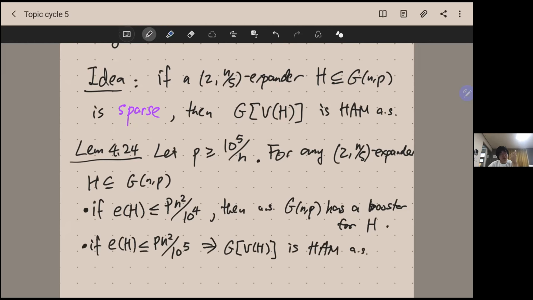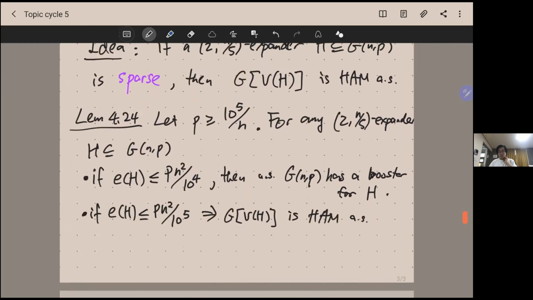By the first part, it has a booster. You keep adding. You add at most n edges, and pn² over 10⁵ is larger than n by our lower bound on p. So you never go too dense when you add these n edges. The expander remains sparse after adding all these boosters until it becomes Hamiltonian, and that's it.